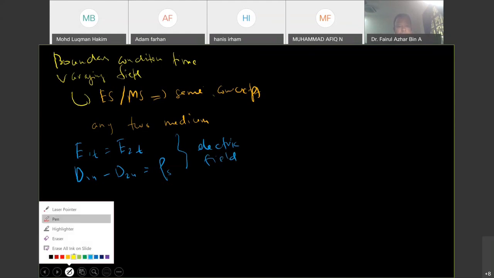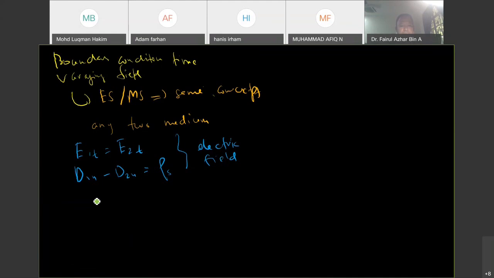And for the magnetic field, we have H1T equal to H2T, and B1N equal to B2N. This one is for the magnetic field.